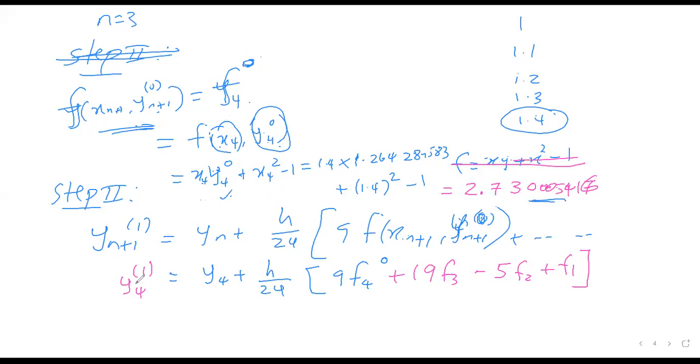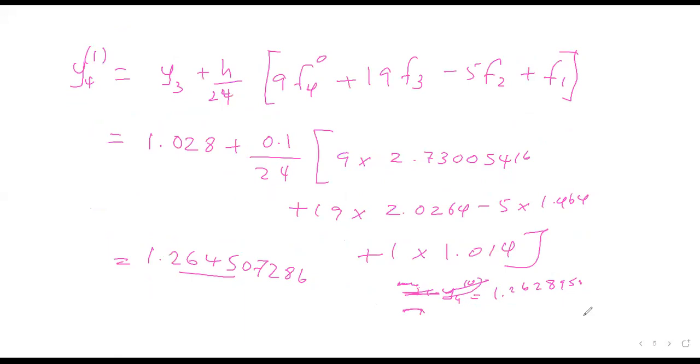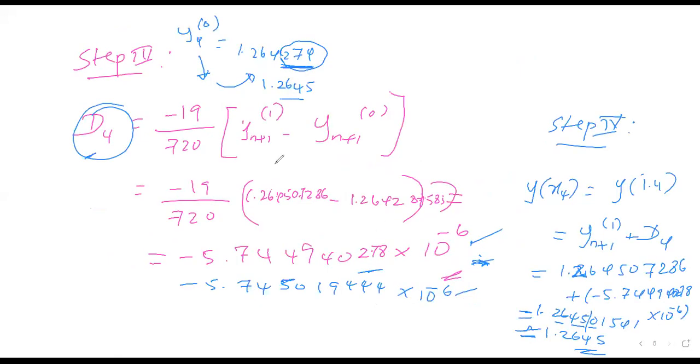The correction is an implicit method, so y4 corrected uses f4, which is the only thing you had to find earlier. If you substitute these values in this equation, you will get 1.2645 something. We already found the answer, but we have to do the correction after the predictor, so that we are fine.